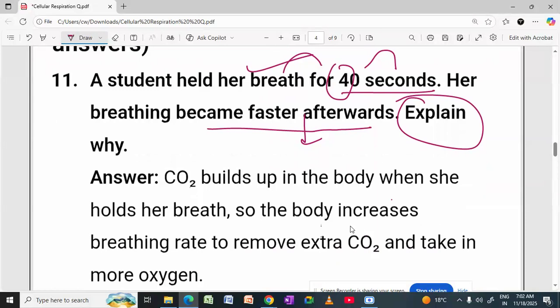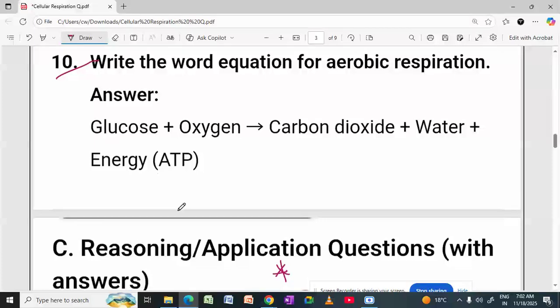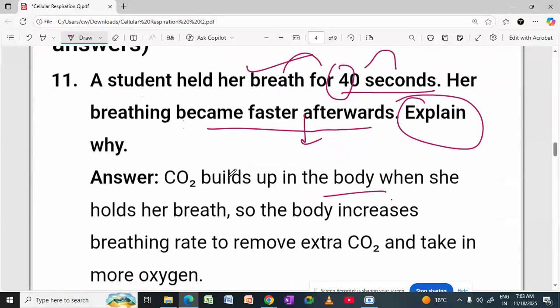The CO2 builds up in the body, because during the process of respiration, carbon dioxide plus water plus energy in the form of ATP is released. On the other hand, if the student holds her breath for 40 seconds, the carbon dioxide builds up in the body.